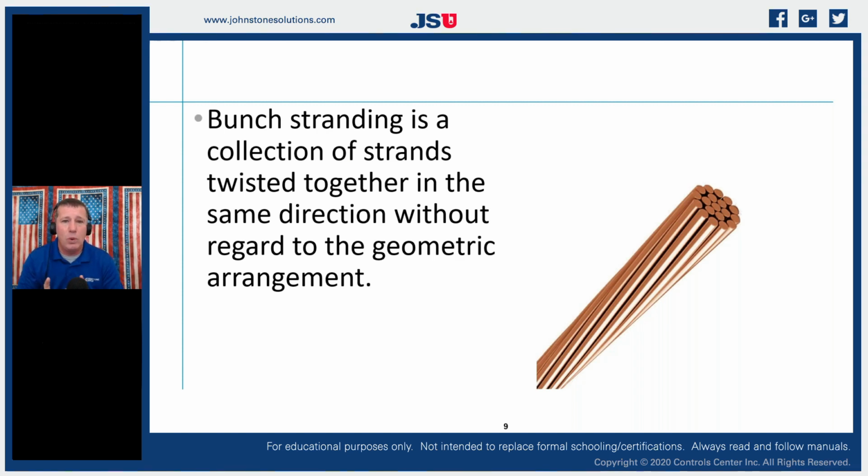So we have a few different ways that we put those individual strands together. The most common one, which we're going to encounter a lot here in the HVAC industry, is called bunch stranding. Bunch stranding is when we just take a collection of individual strands and twist them together, and it's typically in the same direction. When you're twisting wires together, you've probably noticed that some wires, when you twist them clockwise, typically if you're right-handed, you're twisting a wire clockwise, and if you're left-handed, you're twisting a wire counterclockwise.